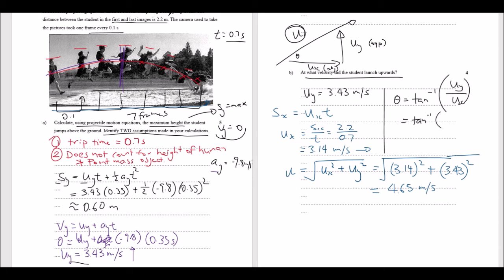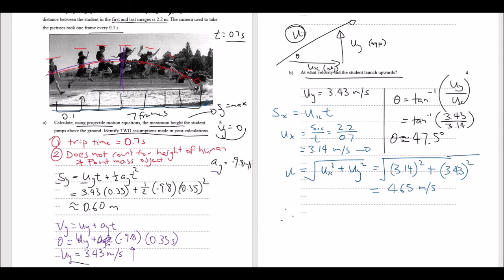If I rewrite that out with the numbers inside, it is 3.43 over 3.14. So theta there will be approximately 47.5 degrees.